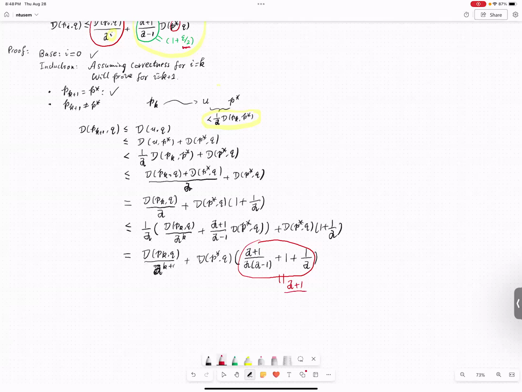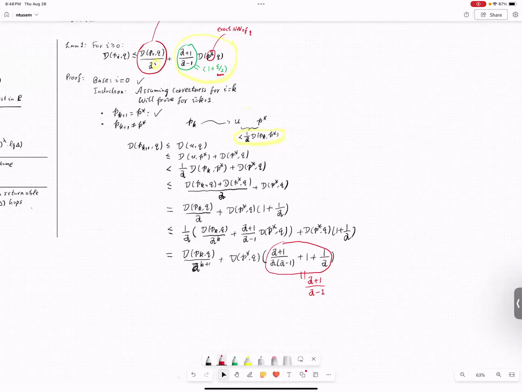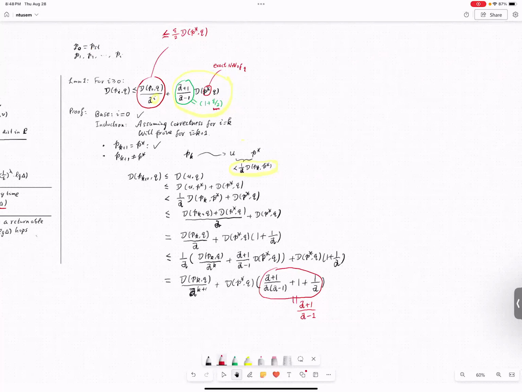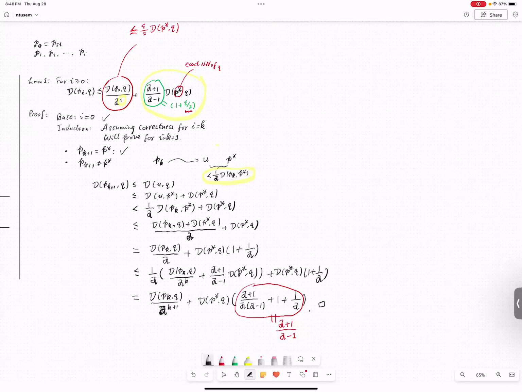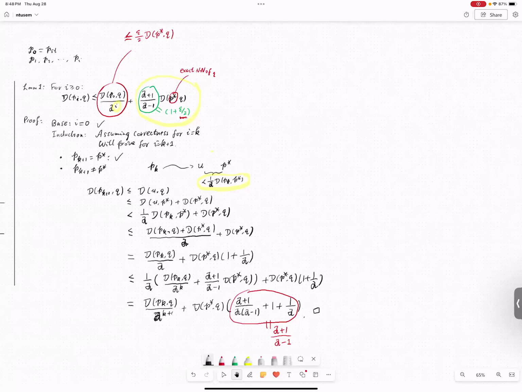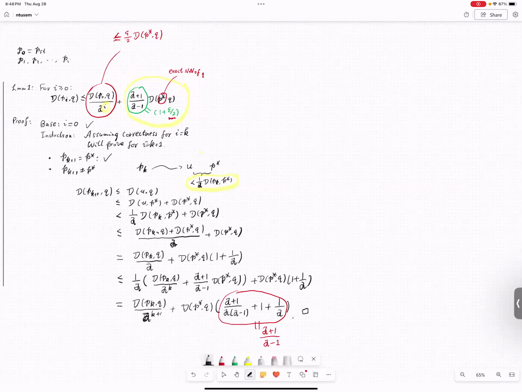This is precisely (alpha plus 1) over (alpha minus 1). This is exactly what we try to prove inductively, and therefore this completes the proof of the technical lemma. Sounds reasonable, right? Sounds correct.